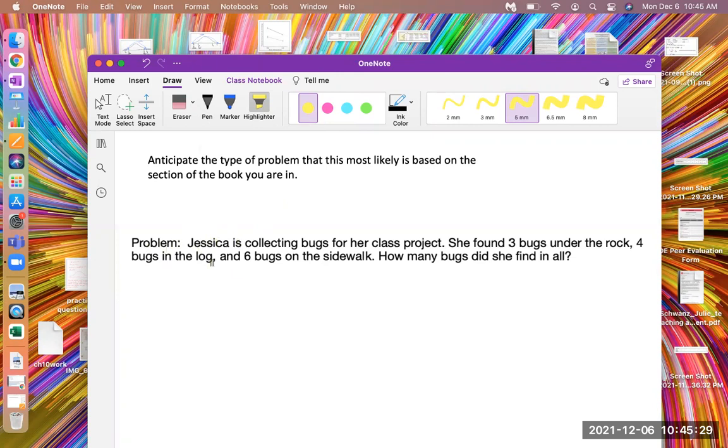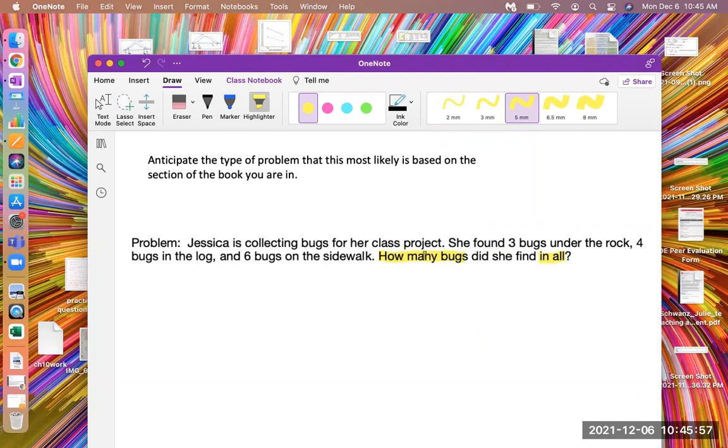If I know that I've been working in addition, and I anticipate that this is an addition type problem, then the only words that really are important to me in this problem are how many bugs in all, right?